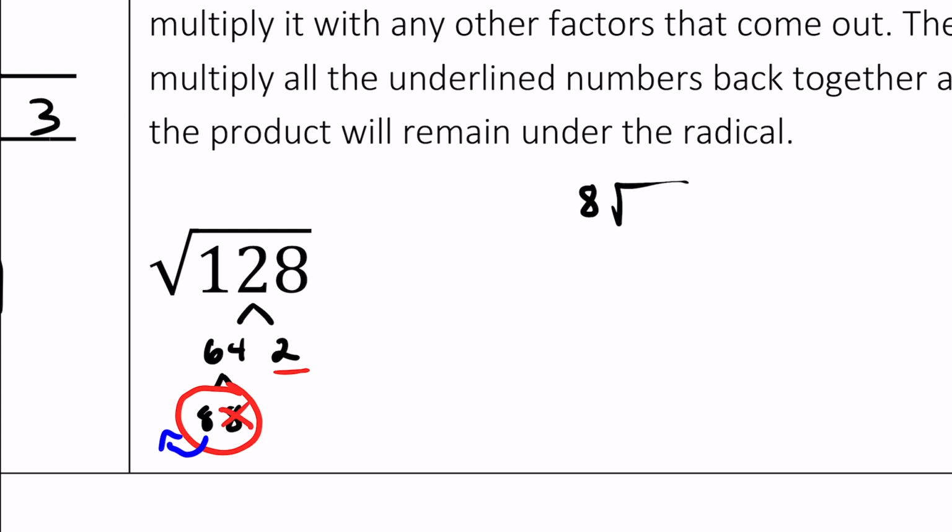We don't need it anymore. Now with this 2, since we didn't have a pair of 2s, this 2 is actually going to go under the radical. So your answer is 8 times the square root of 2. Okay?